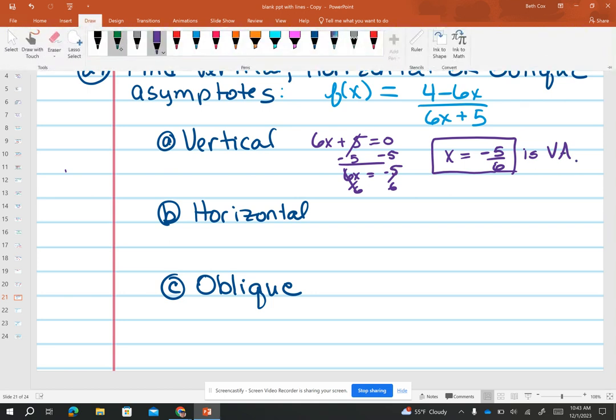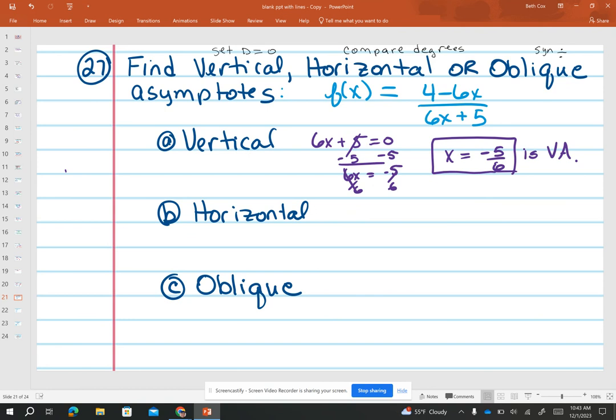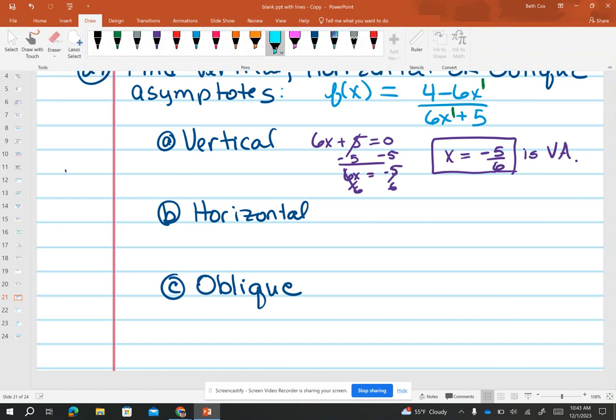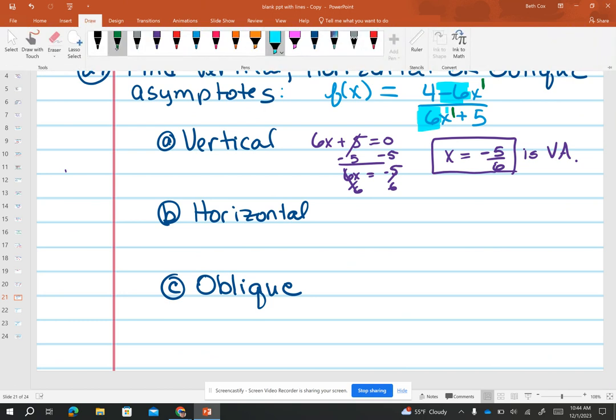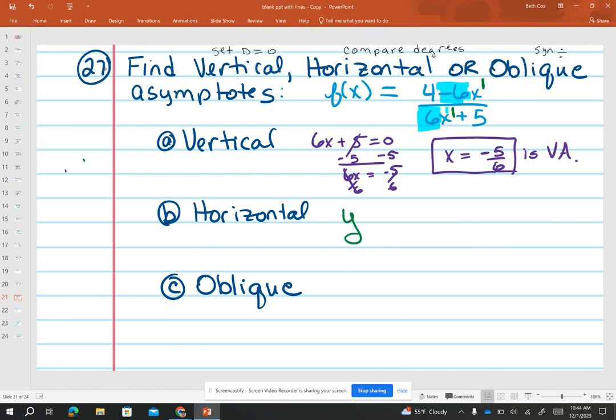All right, horizontal. Let's look at the degrees. This one's tricky. The degree of the top is 1. The degree of the bottom is 1. Check it out. They put it in the wrong order. And then we look at the numbers. So the horizontal is going to be y equal -6 over 6, which is y equal -1.